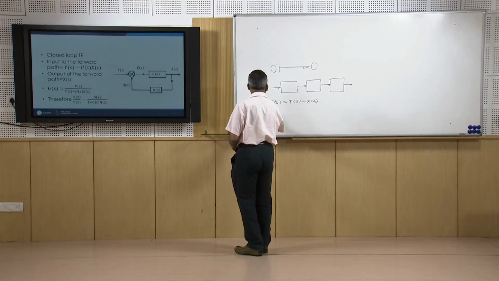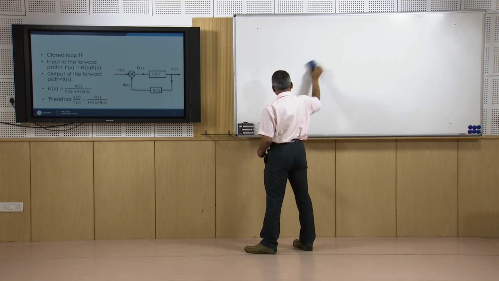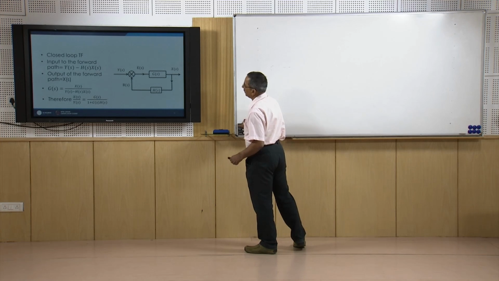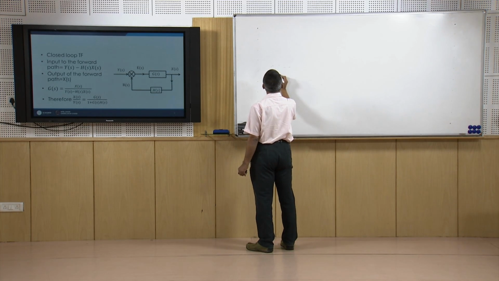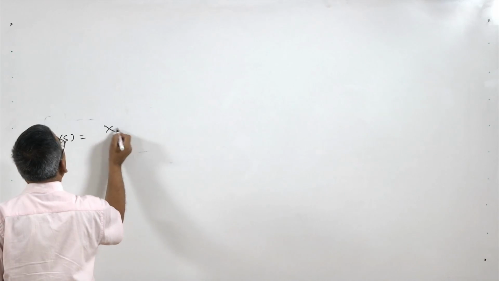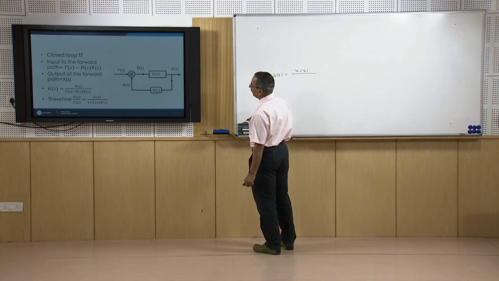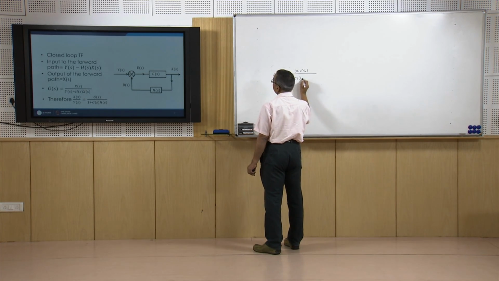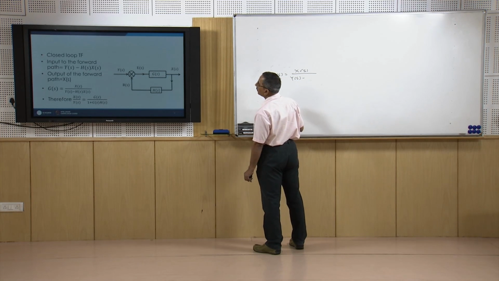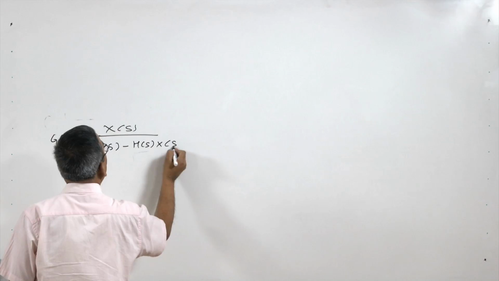So here I can define, as you can see, Gs is equal to Xs, which is output, divided by the input here, and that input is Ys minus Hs Xs.